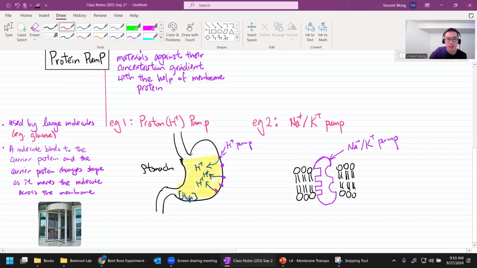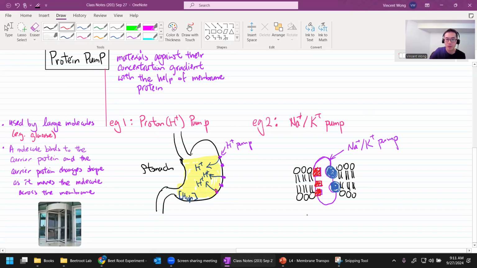Okay. So the potassium is going to be represented by these circles. And then the sodium will be represented by these squares. So one side of the protein will fit the sodium, the other side will fit the potassium.